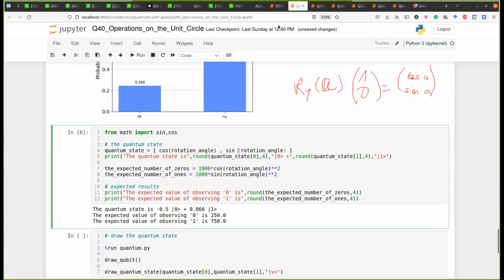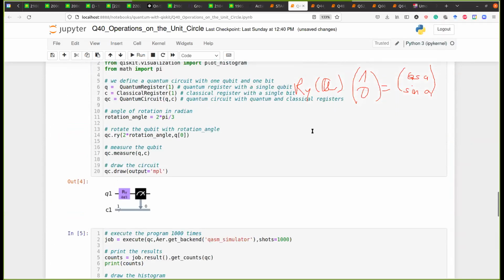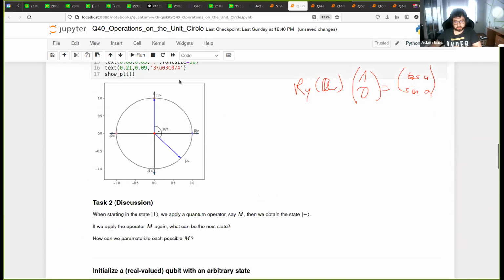Earlier question from an earlier line of code. When you do the rotation gate, could you explain why there's a 2 times rotation angle? So the thing is that we are showing quantum states as lying on a circle, right?